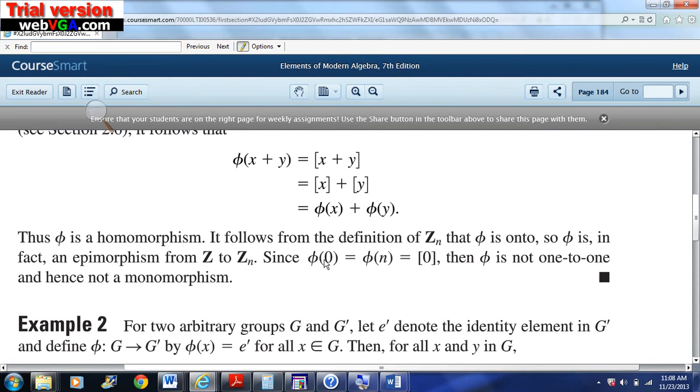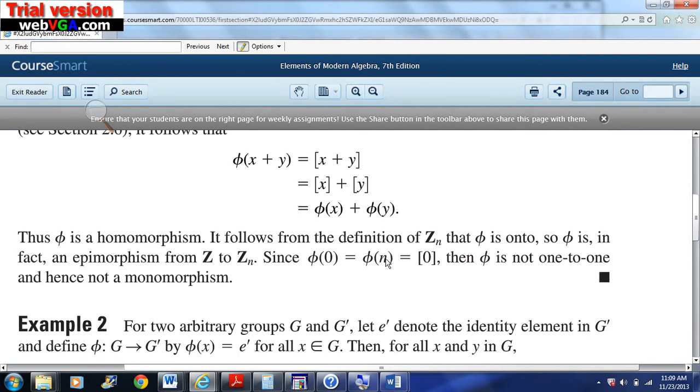And of course, since phi of 0 is equal to phi of n, which equals the class 0, this is what we would have in modulo n. In modulo n, phi of 0 would be the same as phi of n.